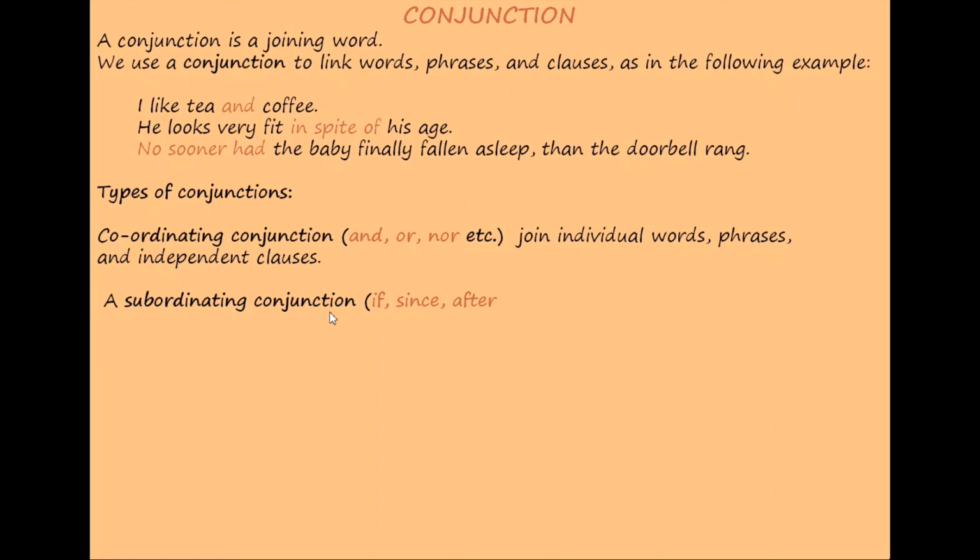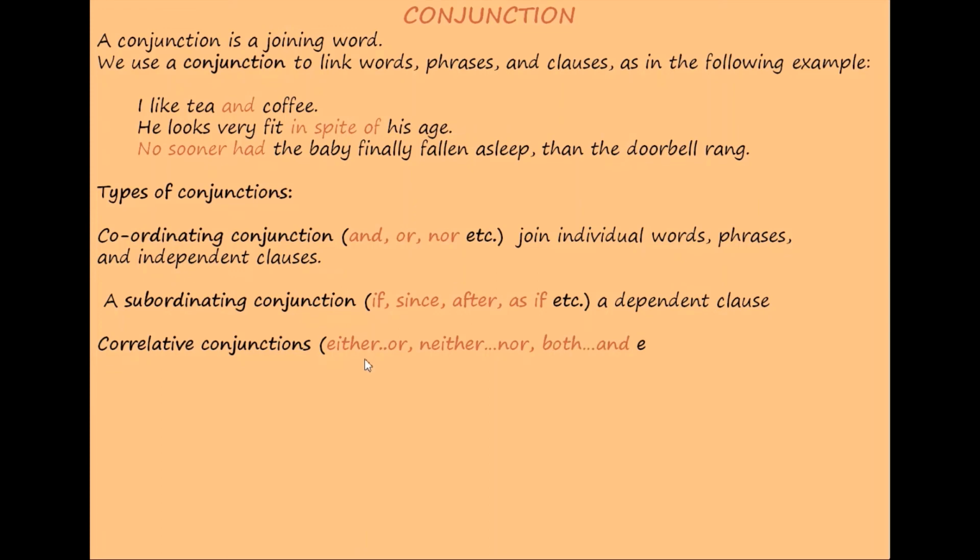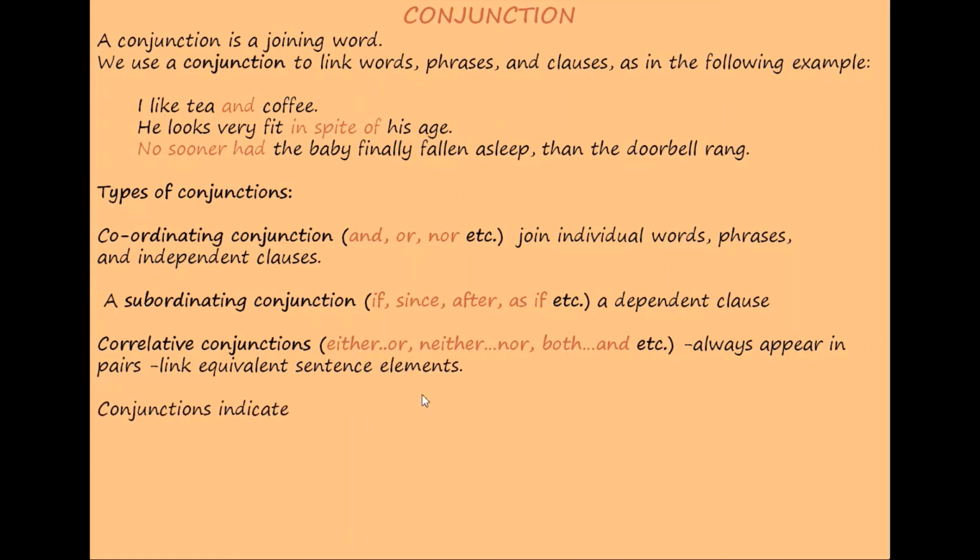Subordinating conjunctions: if, since, after, as if, etc. And subordinating conjunctions join dependent clauses. Correlative conjunctions, such as either, or, neither, nor, both, and, always appear in pairs. And correlative conjunctions link equivalent sentence elements.